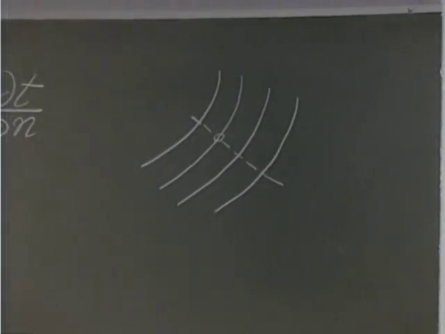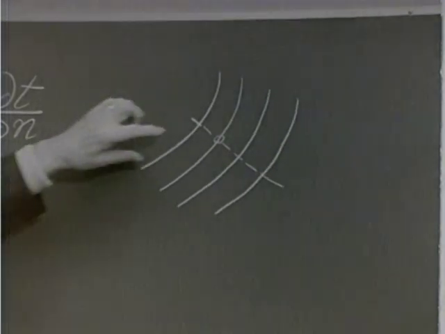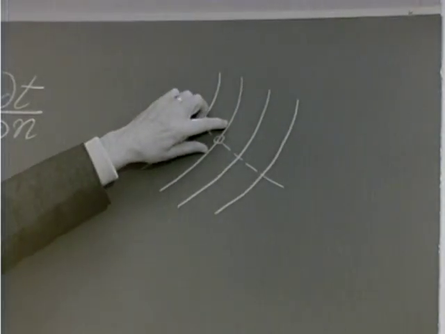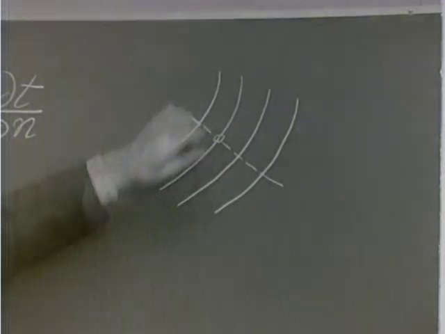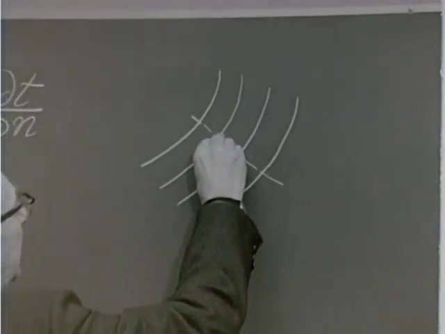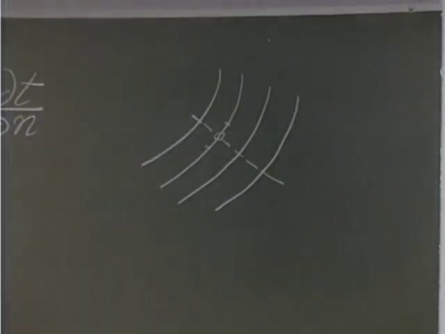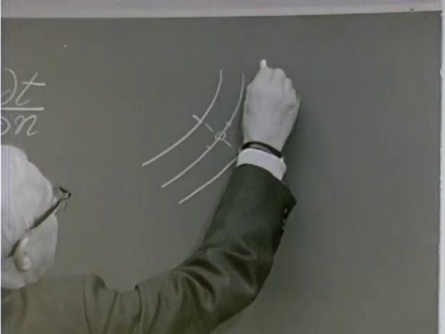We pick up a very small surface area within this isothermal surface, and as we have done before, to indicate that it is a very small area, we call this area dA.